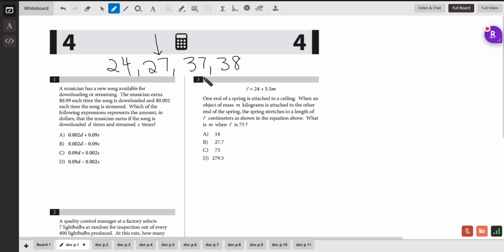There's one other question that I'm going to quickly go over, but I'm not going to solve it completely, because it requires you to know the formula for the area of a hexagon, and that's number 30.